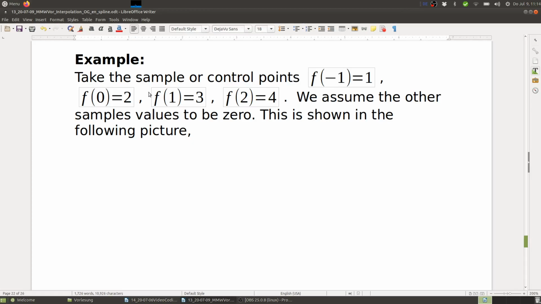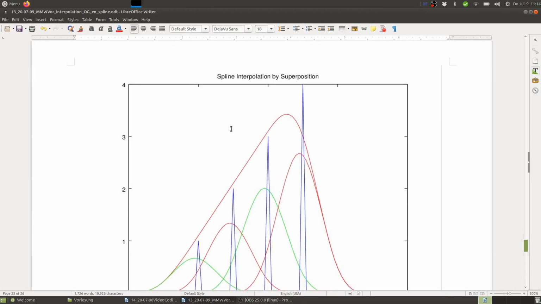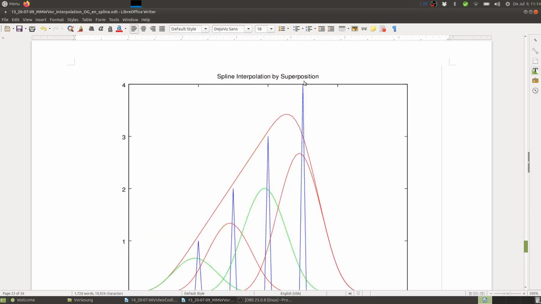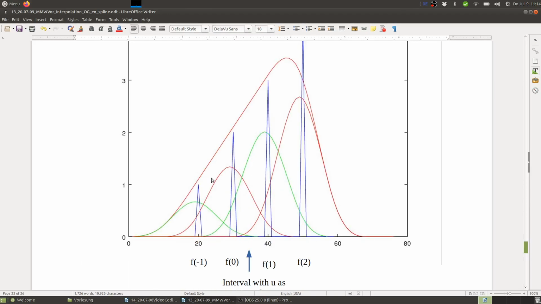Then this might be some time index, say the frame index. We assume the other samples to be 0, and this is shown in the following picture. So here you can see it. The blue peaks represent the original values or control points from 1 to 4, and then they are 0 outside this range.